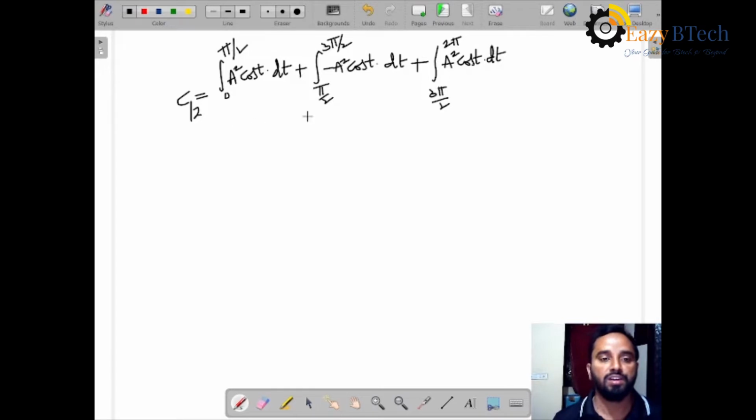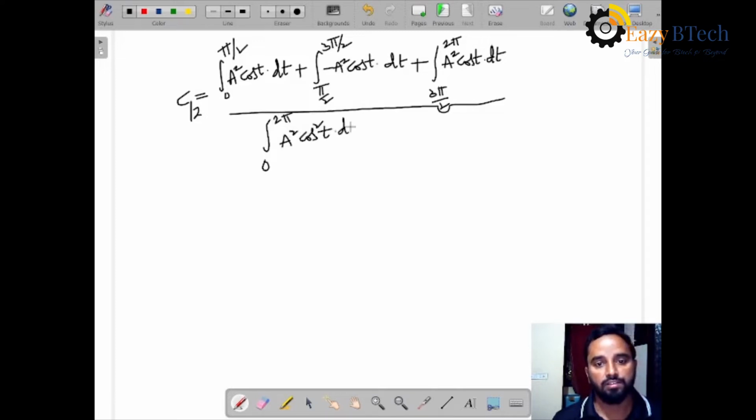This is the numerator. In the denominator, t1 to t2 is 0 to 2 pi, and x2 square means a square cos square t dt. We need to simplify every integral to get c12.